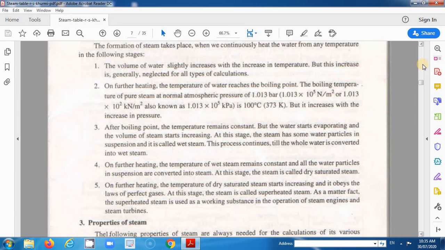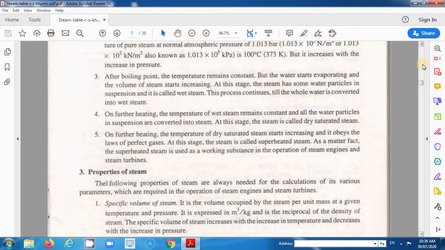At this stage, the steam is called superheated steam. As a matter of fact, superheated steam is used as a working substance in the operation of steam engines and steam turbines. I have explained this already in class with the help of the five diagrams during the last lecture, and here it is written in sentence form.